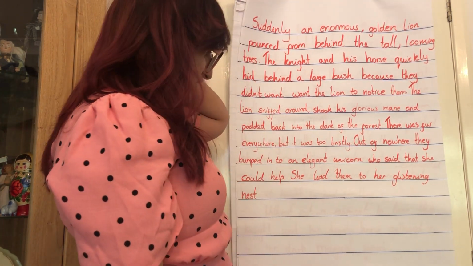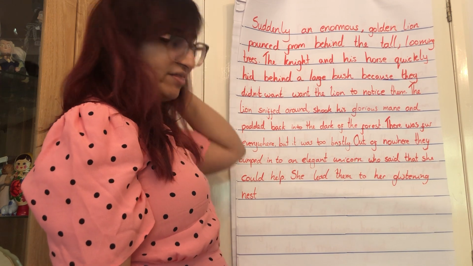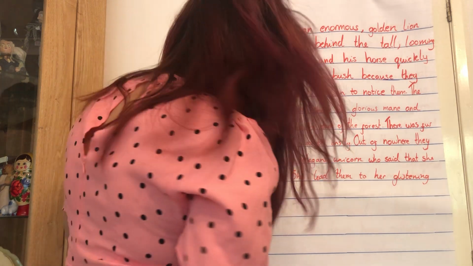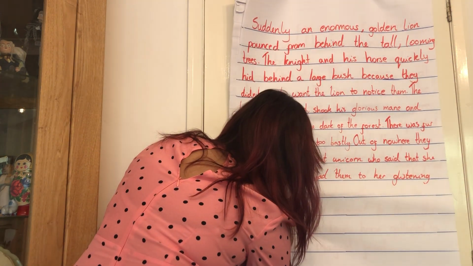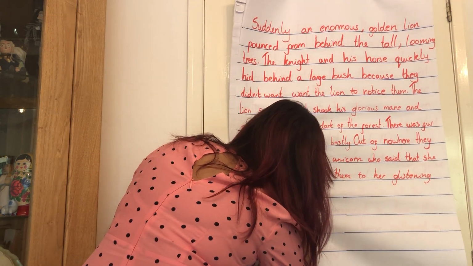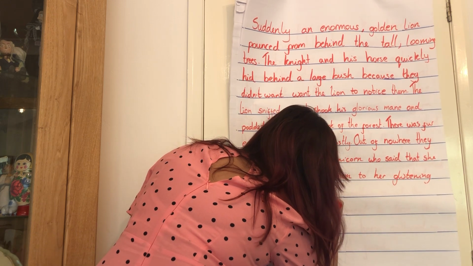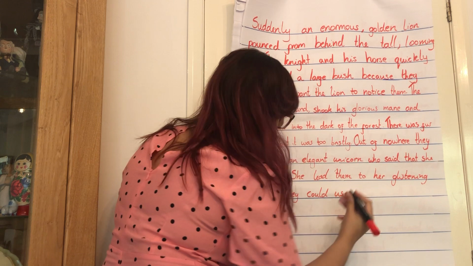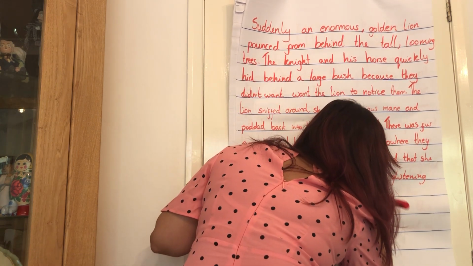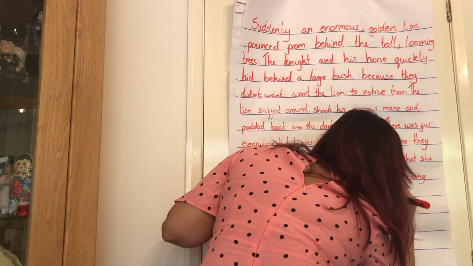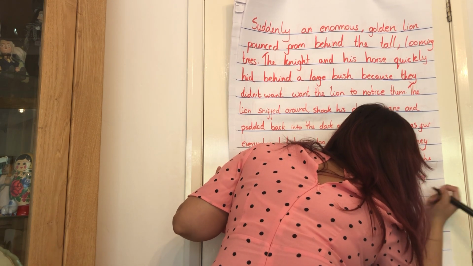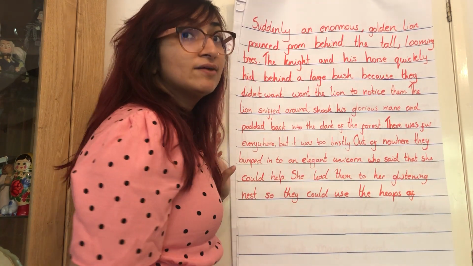Why did she do that? She led them to a glistening nest so they could, what? So they could use the heaps of, what is it? It's unicorn hair is magical. So heaps of magical unicorn hair for the pillow.